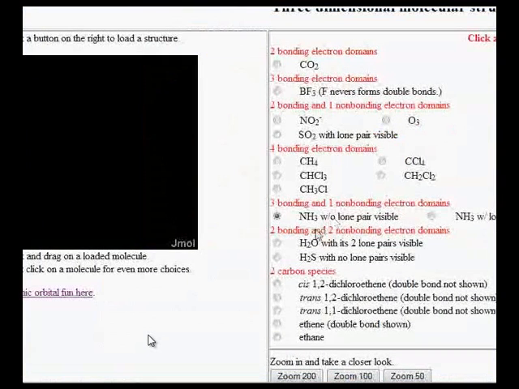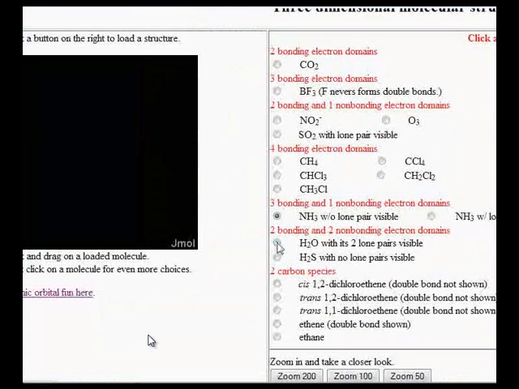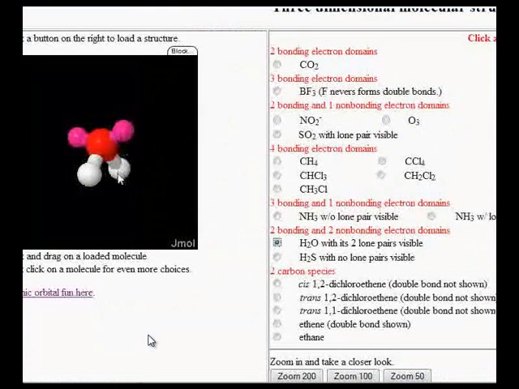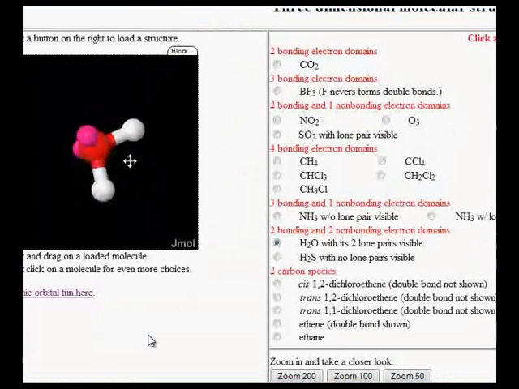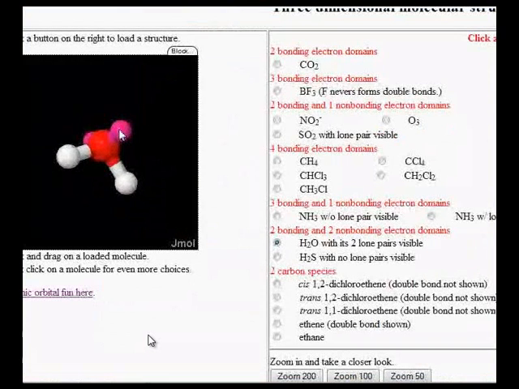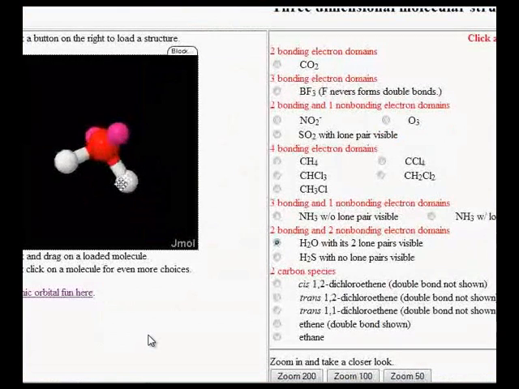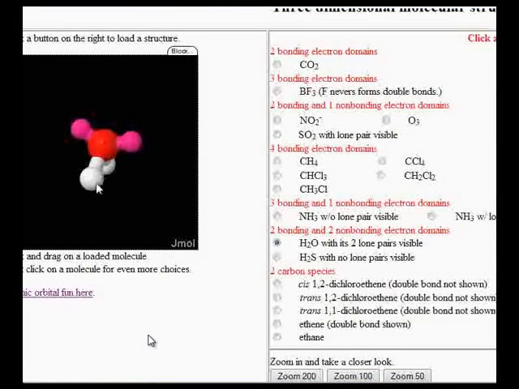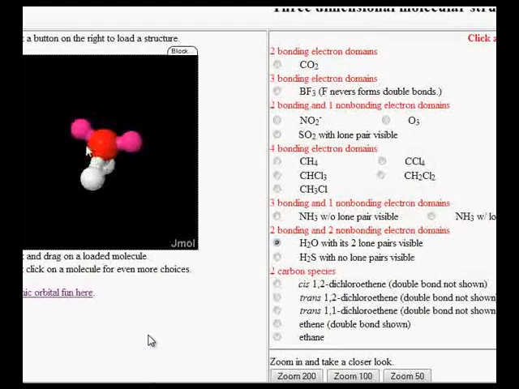Alright, so if we look here, we can look at what the shape of the water molecule looks like. This shows in three-dimensional space what the molecule looks like if we could see the lone pairs, which we cannot. All we can really see, or almost see, are the atoms. This is the oxygen. These are the 2 hydrogens. We cannot see these lone pairs.